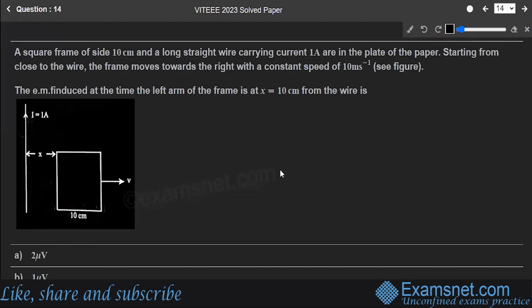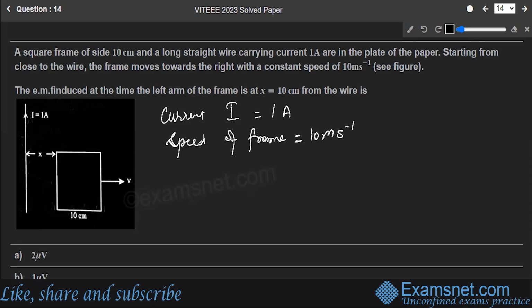A square frame of side 10 centimeter and a long straight wire carrying a current of 1 ampere are in the plane of the paper. Starting from close to the wire, the frame moves towards the right with a constant speed of 10 meter per second. The EMF induced at the time the left arm of the frame is at 10 centimeter from the wire is. So let's write down the things which are given. You have a current flowing through the wire, that is 1 ampere. Speed of the frame 10 meters per second.